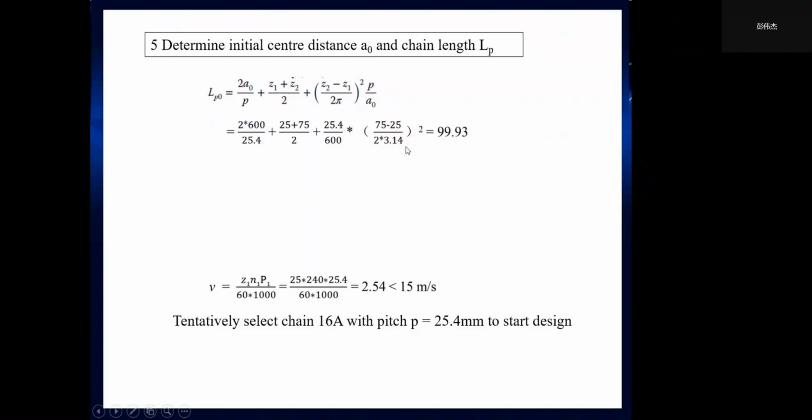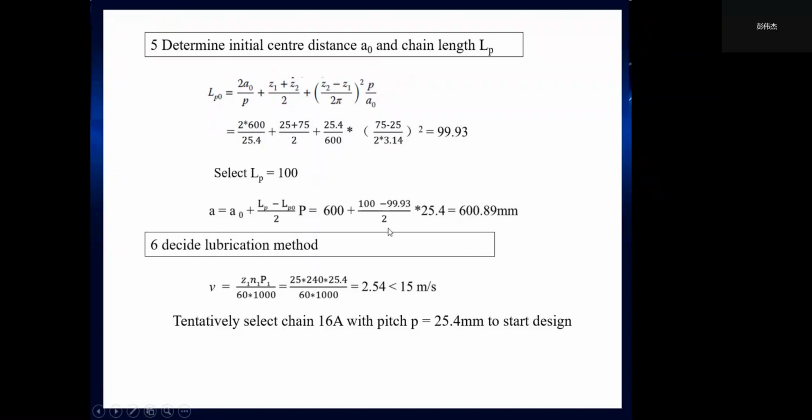We calculate Lp0 as 99.93, and Lp should be an integer, so we choose Lp as 100. Then we calculate the actual A as A0 plus the adjustment, so the actual center distance should be 600.89 millimeters.